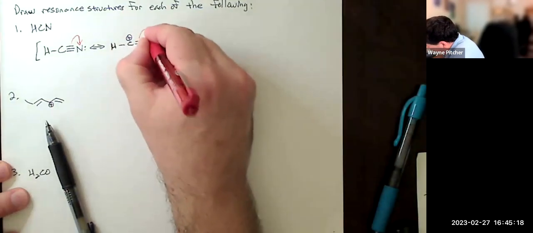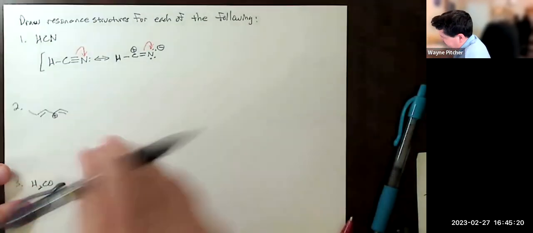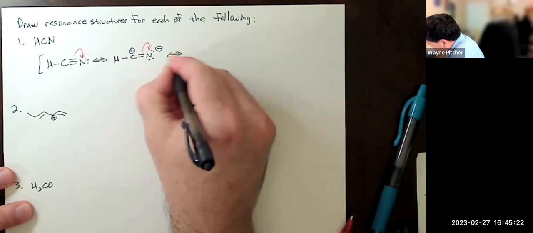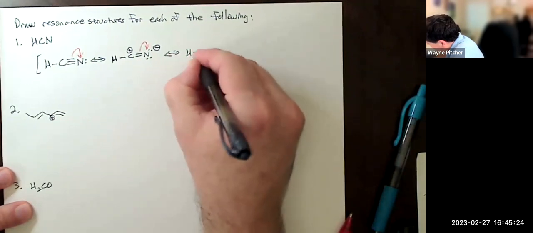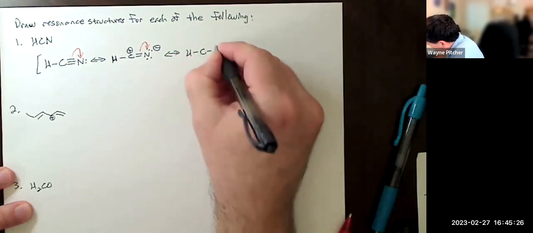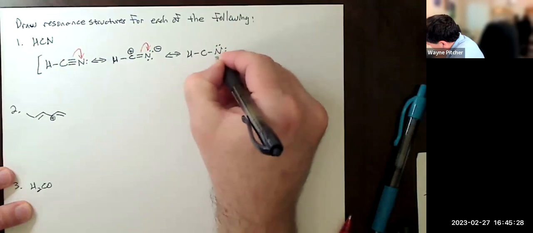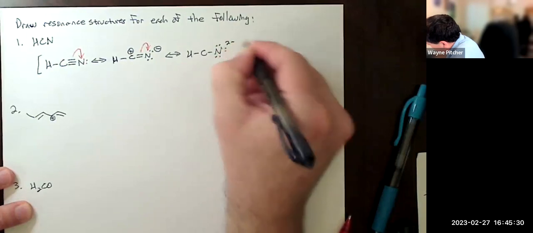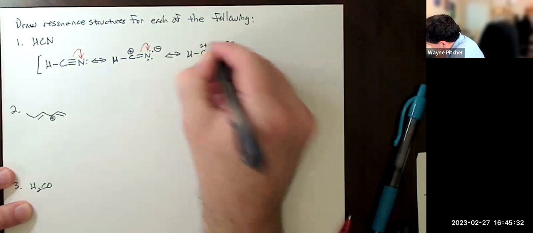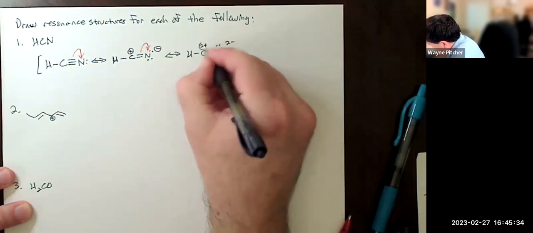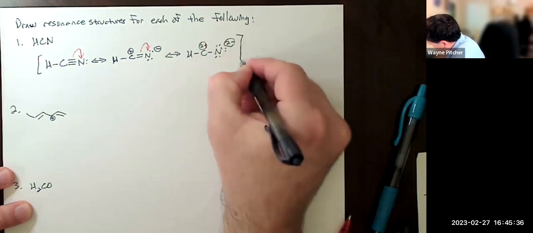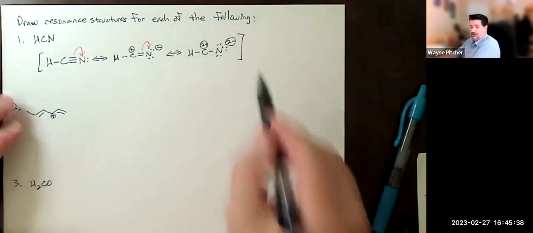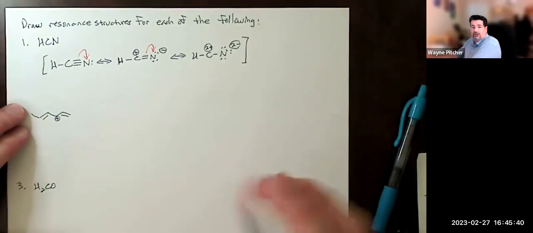I could push more electrons onto the nitrogen and get HCN with the 2 minus charge and the 2 plus charge on the, I'll circle those, 2 plus charge on the carbon, 2 minus charge on the nitrogen.